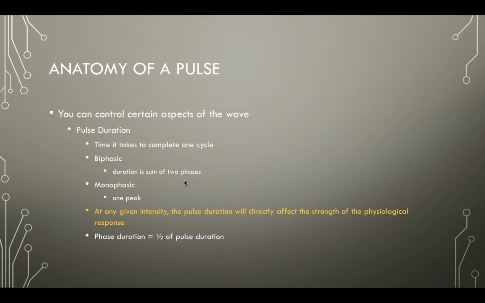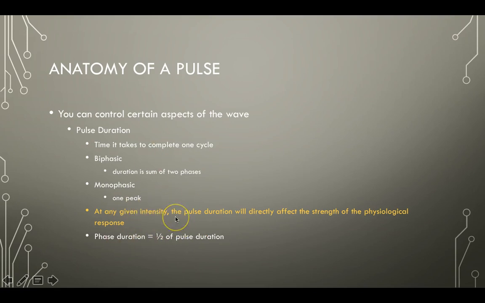Monophasic, since we only have one phase, mono meaning one phase, the pulse duration and the phase duration are equal. If we're talking biphasic waveforms, and they're symmetrical, like our sine waves or some of the other symmetrical ones, then the phase duration is going to be half of the pulse duration.